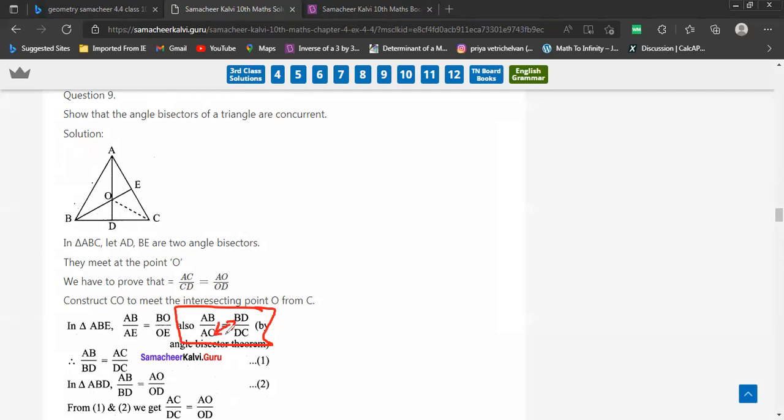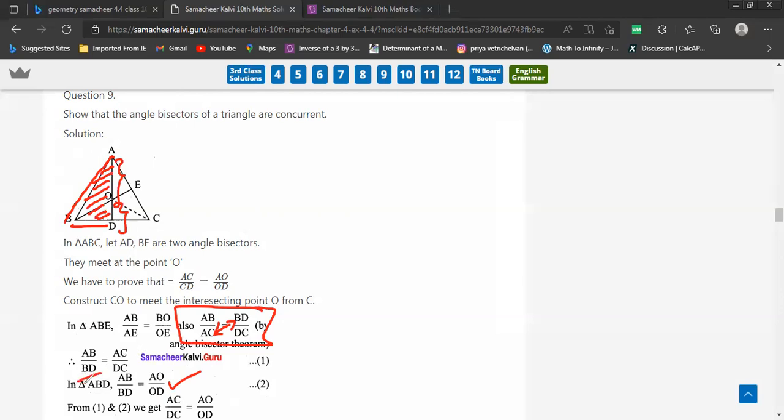You can interchange their position. You can write it like this. So if you take triangle ABD, AB by BD is equal to AO by OD. Again, you are applying the angle bisector theorem on this.